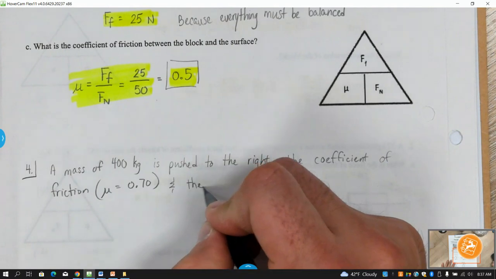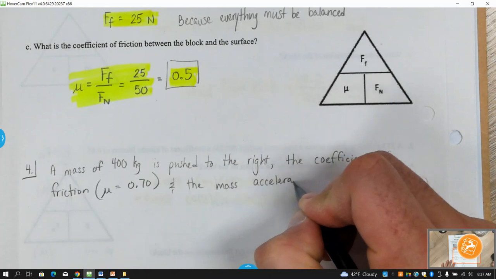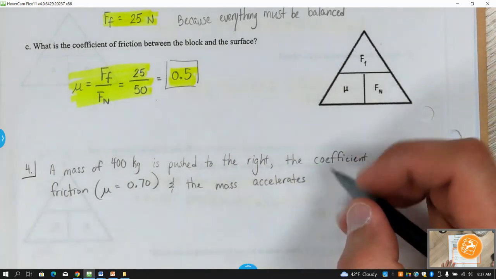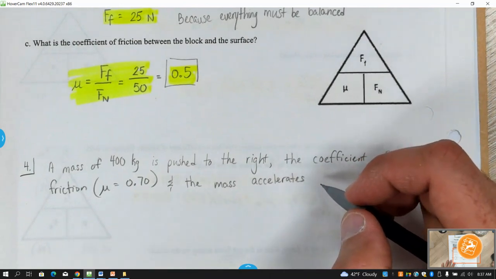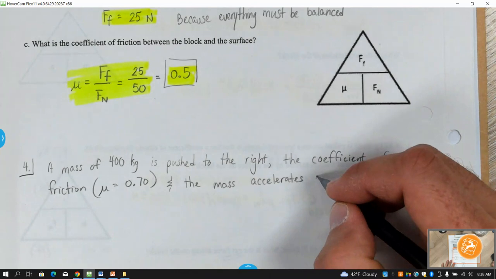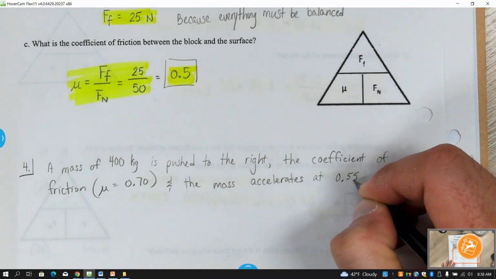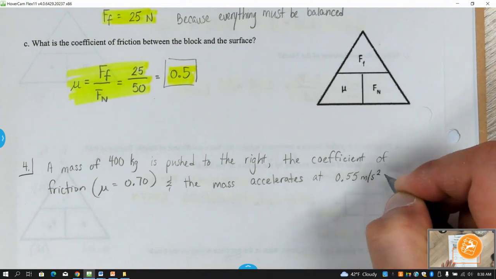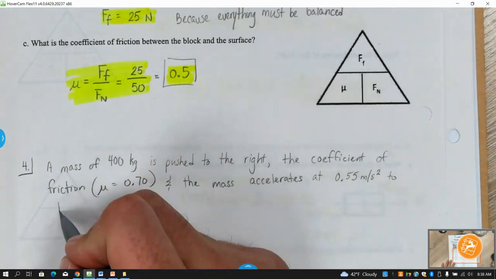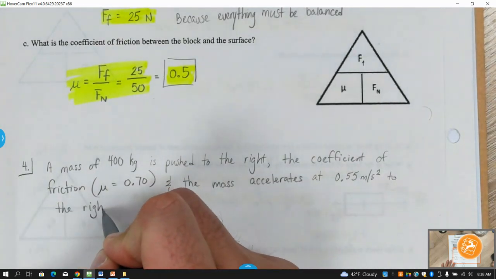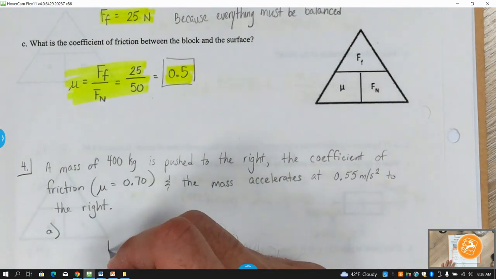And the mass accelerates at 0.55 meters per second squared to the right. A. All right, add your drawing.